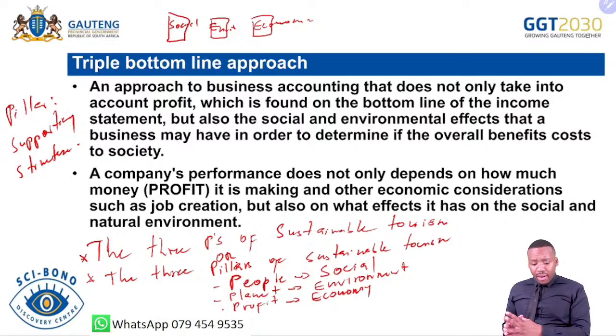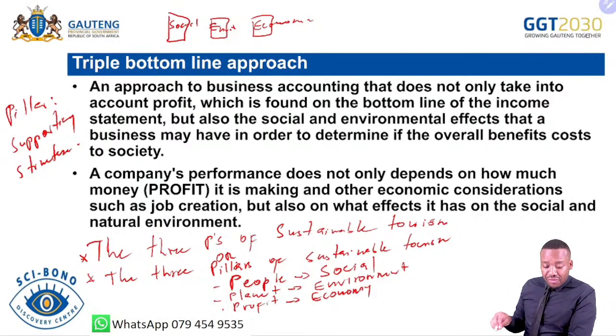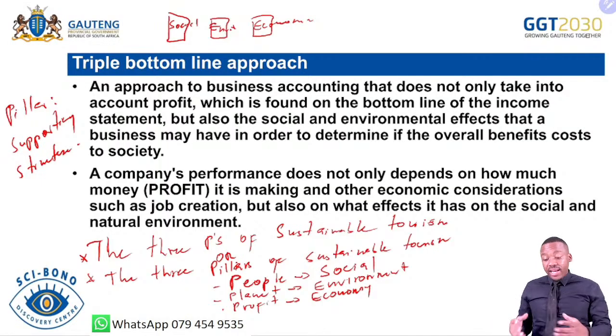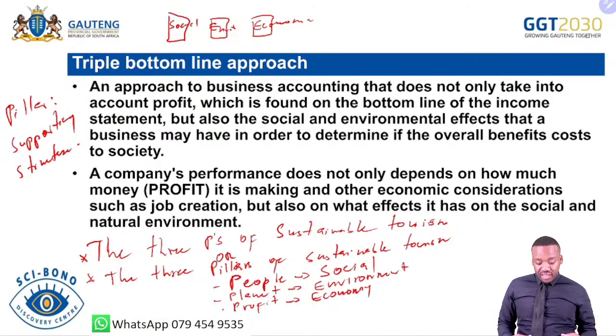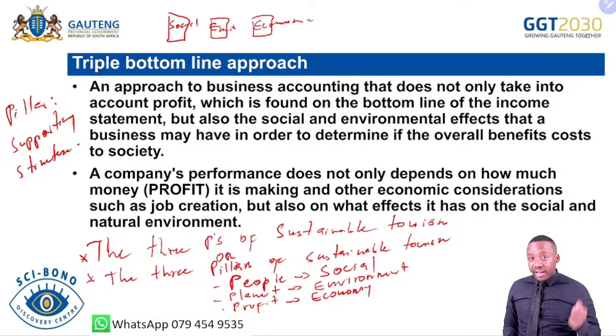Now let's talk about the background of the triple bottom line approach. What are we saying there? Here we are saying back then, when you start a tourism business or any business, what was the main aim? The main aim was that, okay, you are starting a tourism business so that you can make what? An income, or what? A revenue, or what? Or profit.